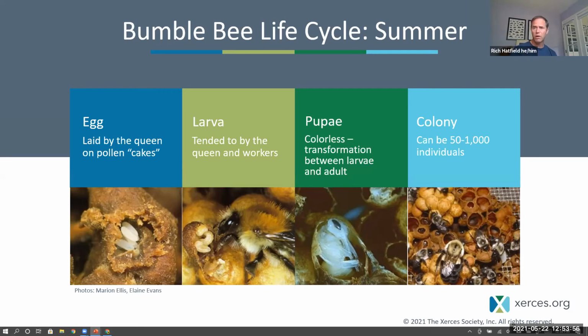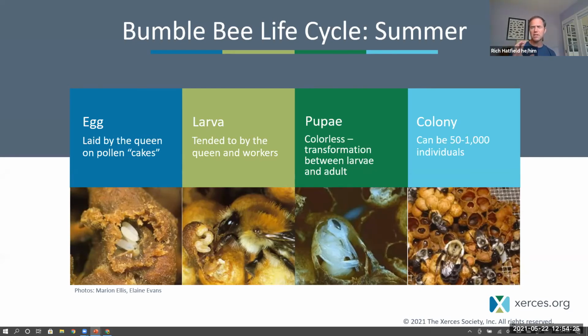But once that first batch of eggs has hatched as winged adults, that's when the queen bumblebee has a worker caste. At that point, she will no longer leave the nest. She just stays and tends to her egg laying and feeding duties. The workers are the ones bringing the resources into the nest to help the colony grow. So at this point, if there are enough workers, colony production can take off quite rapidly.